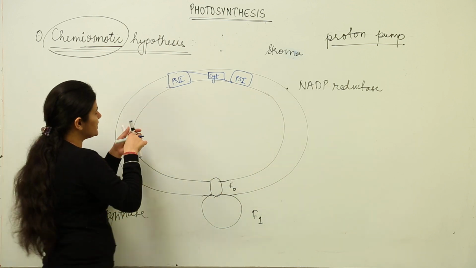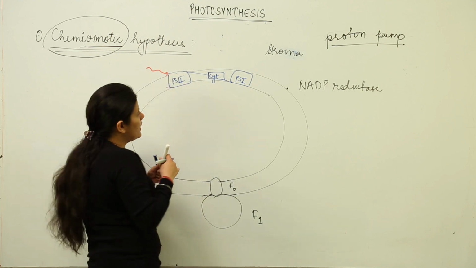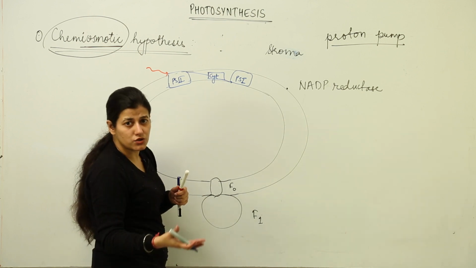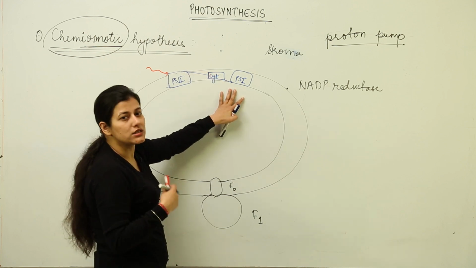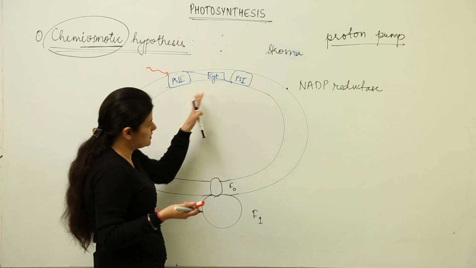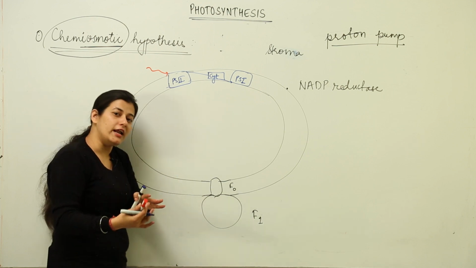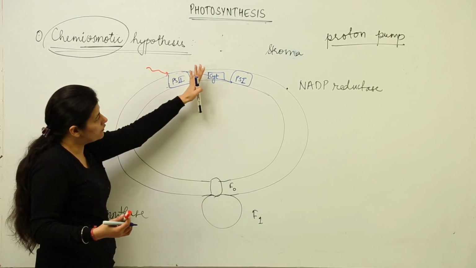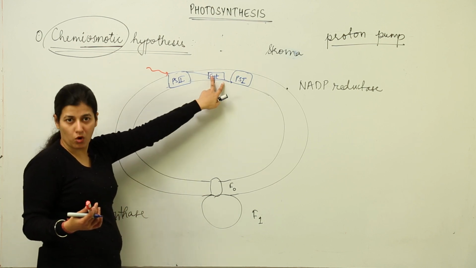The electrons get excited by photons, and there is movement of electrons from plastoquinone to plastocyanin. This is the photochemical process of photosynthesis, non-cyclic photophosphorylation; we are not taking the phosphorylation aspect, just the excitation of electrons. The electron goes from the first acceptor to the third acceptor through the cytochrome complex.